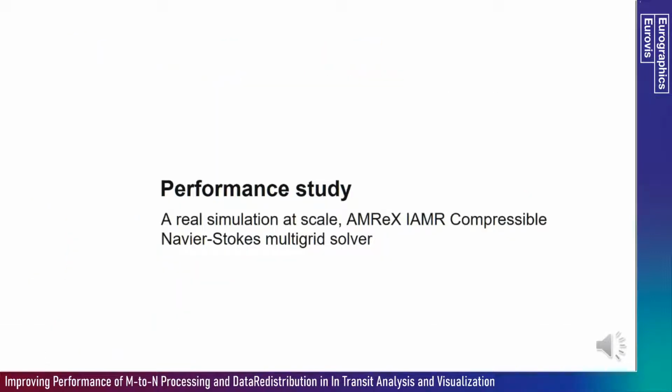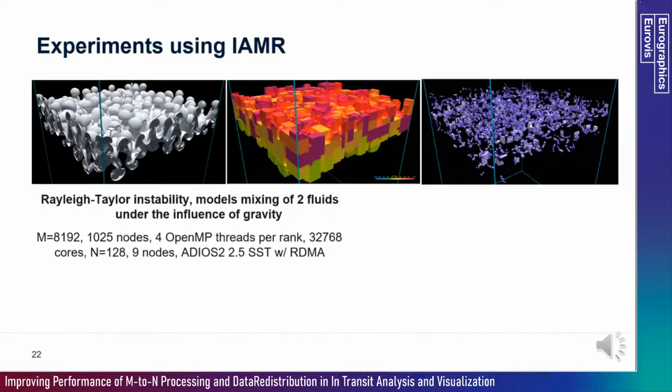Now we're going to move on to our performance study of a real simulation at scale that uses IAMR, an incompressible Navier-Stokes multigrid solver and AMReX-based code. In this series of experiments, we configured IAMR to solve the Rayleigh-Taylor instability, which models the mixing of two fluids under the influence of gravity.